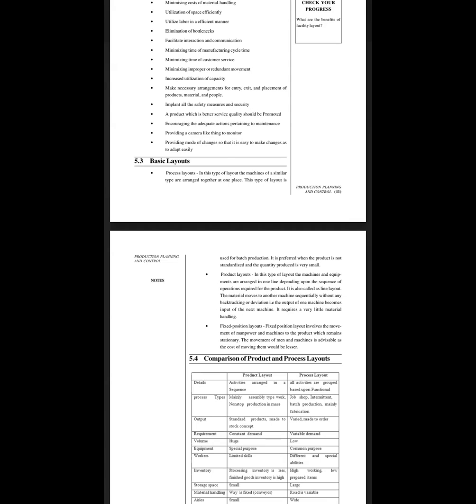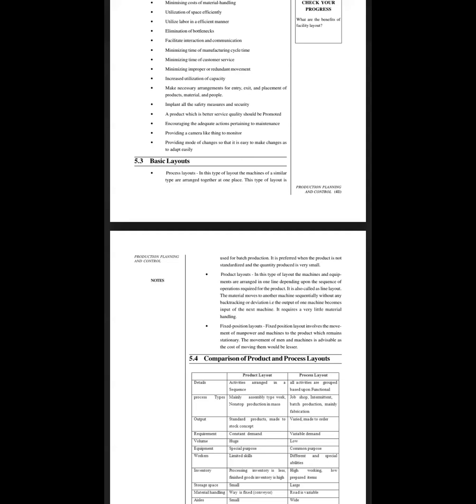Then facilitate interaction and communication. Then minimizing the manufacturing cycle time, minimizing the time of customer service, and minimizing improper and redundant movement. Then increase utilization of capacity. You should also make sure that the capacity is increased.